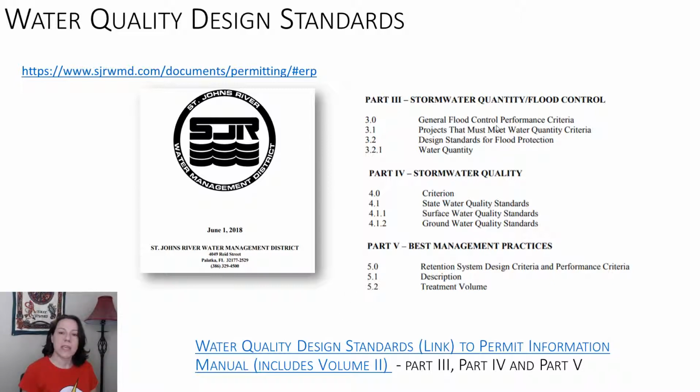We'll be using parts 3, 4, and 5. We'll be looking at water quantity, quality. Part 4 we don't really do a whole lot with because it's design standards as in maximum allowable limits, and usually we look at it as a pollution.